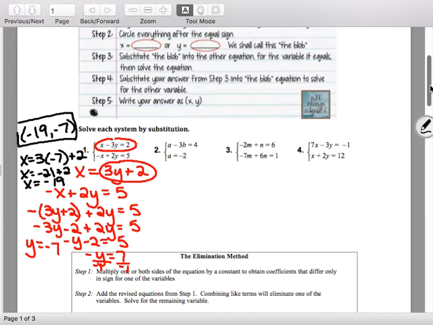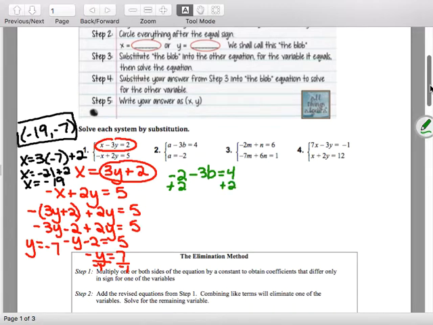All right, number 2. This one's kind of easy because I already have A. I have A is negative 2. So what do you need to do to find B? Plug it in. So you're going to make it negative 2 minus 3 times B equals 4. All I'm doing is taking A is negative 2 and plugging it into the first equation.